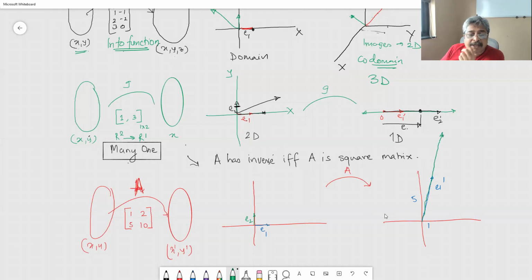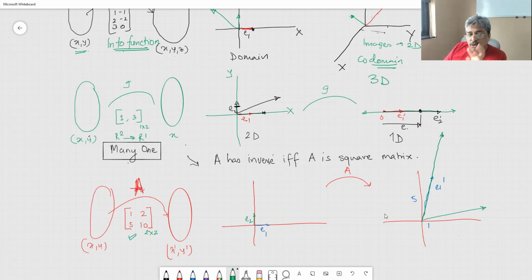Now, because it is 2 by 2, it does not mean this function A is easy to invert, because you have many more points. If I want this vector in the codomain, I won't be able to get it with this setup in the domain.